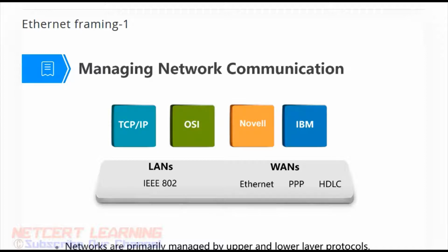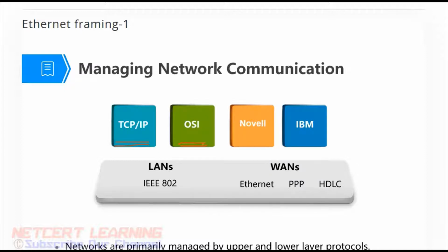As we know, there are different network reference models. First, TCP/IP is itself a protocol suite, but it is also a reference model. Another is the well-known OSI reference model.